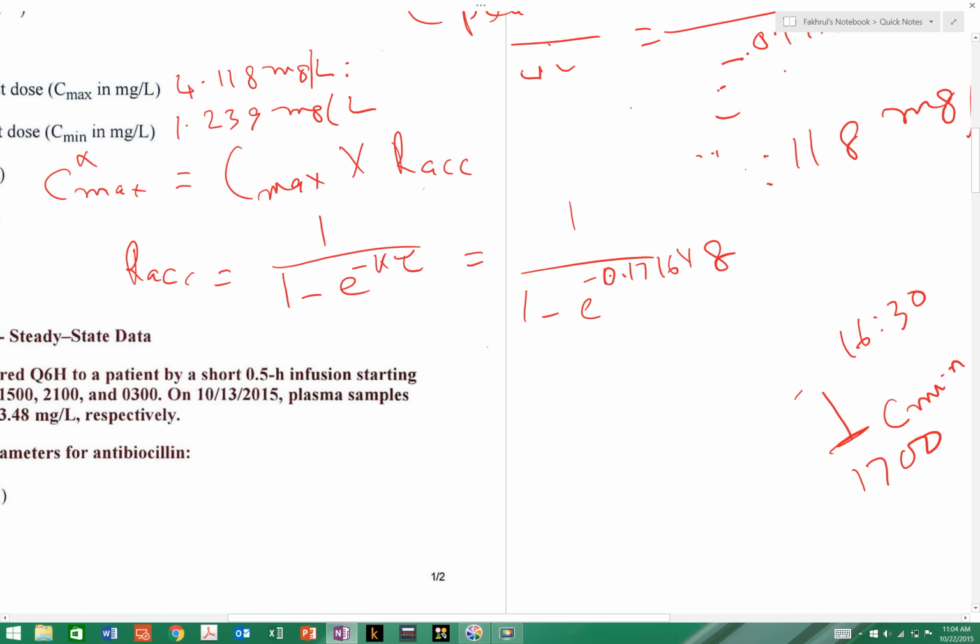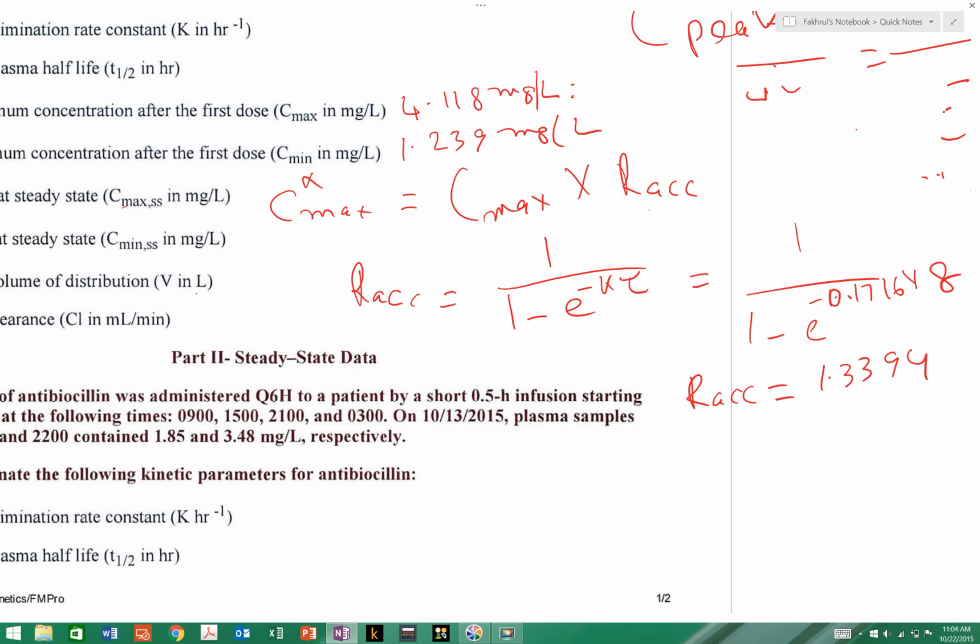So your RSCC would be, I think, 1.3394. I'm not showing the calculation and not using a calculator, to save time, as I mentioned before.